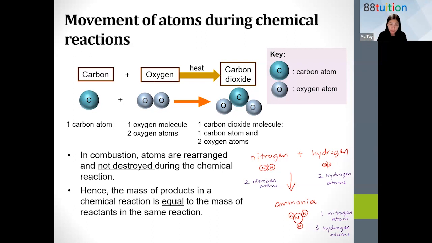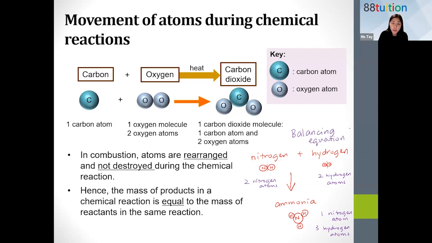In this particular case, if I want to make sure this equation works, I must make sure the number of atoms that goes in for each type of element will be the same as whatever comes out. This is what we call balancing equation. The process is known as balancing equation.